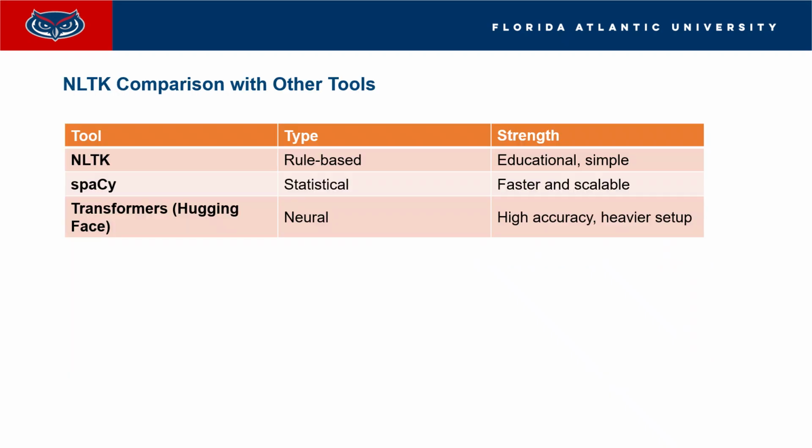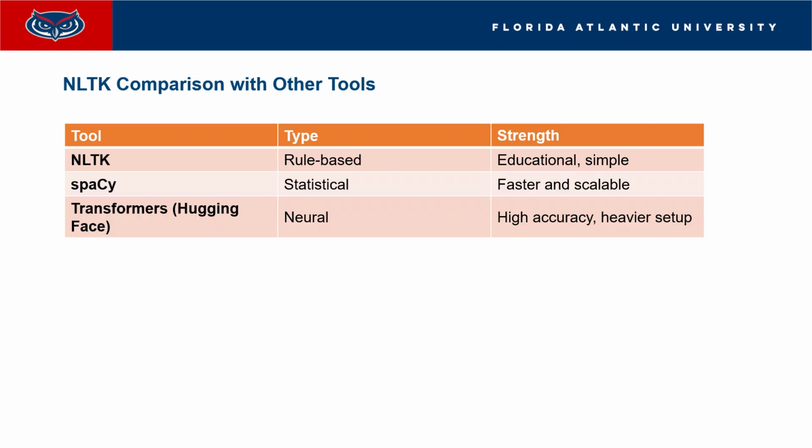NLTK comparison with other tools. When we compare NLTK with other NLP tools such as spaCy, TextBlob, or Transformers, each has its strengths. NLTK is best for beginners and academic research, very transparent and educational. spaCy is faster and designed for production scale NLP.